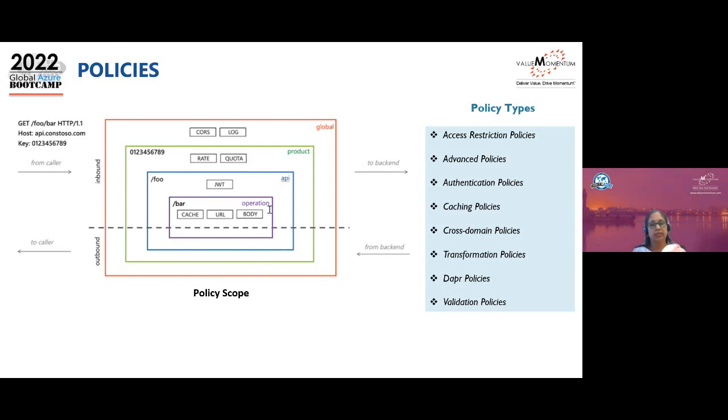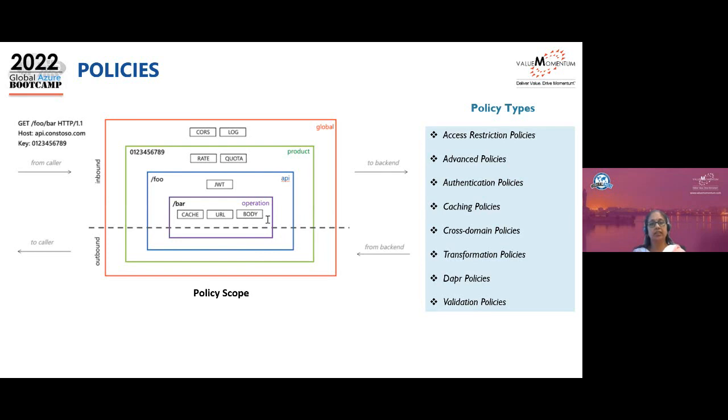Similarly, there are Dapr policies for invoke, invoke for binding, and you can set a service for backend as well. And validation policies: suppose you have filled in the data for headers or queries and you are trying to get some parameters, then you can validate them using the validation policies.